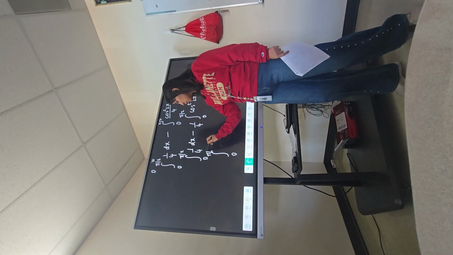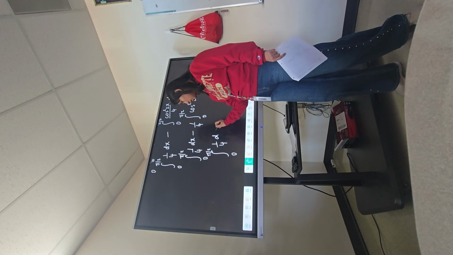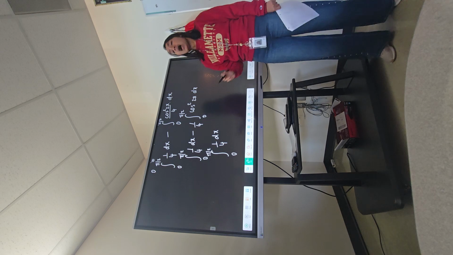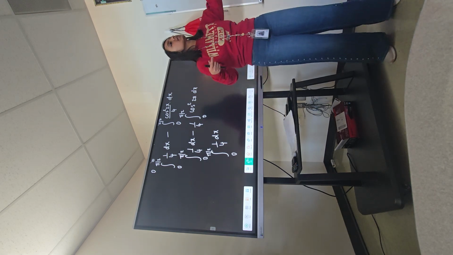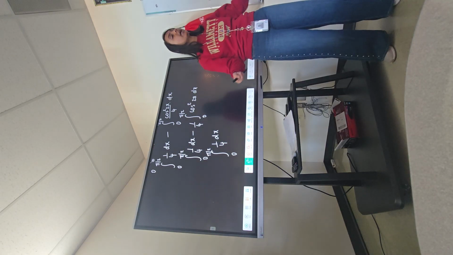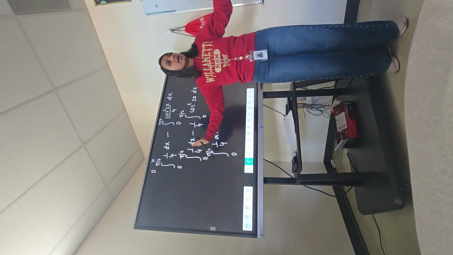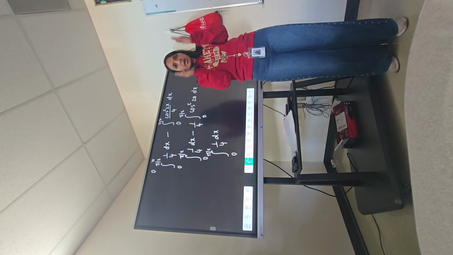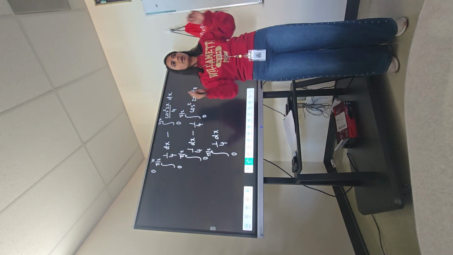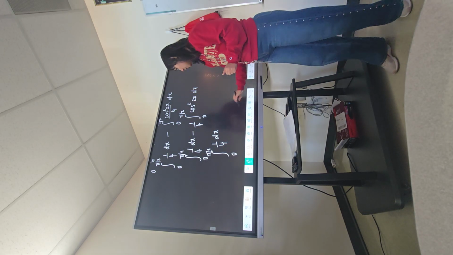0 to pi over 2, 1/4 dx. Look what I'm doing. I am not doing multiple things in the same step, because if you start doing that, you will confuse yourself. I could find the antiderivative here, but I'm not doing it yet because I want to make sure I'm doing everything at the same step so we are not confusing ourselves.